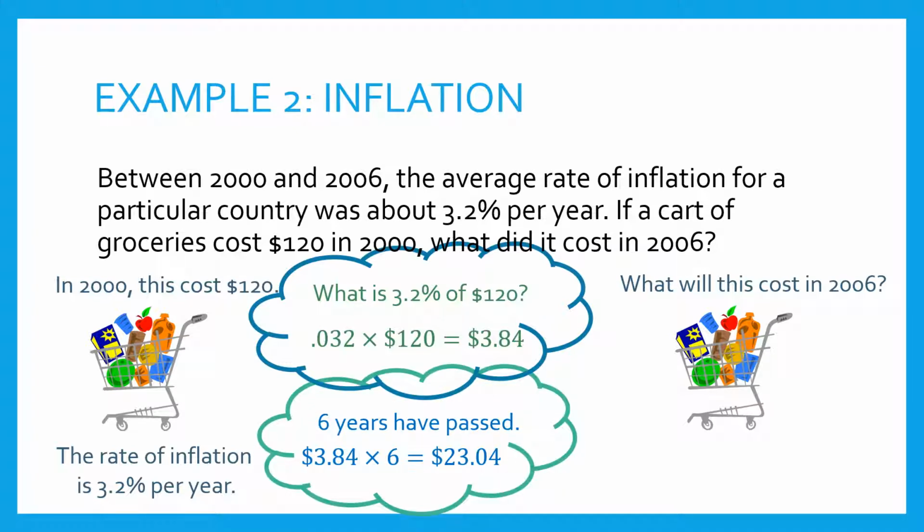So in 2006, our cart of groceries is going to cost the original price, $120, plus the amount that it inflated by, so that's $23.04, which is $143.04. So if a cart of groceries cost $120 in 2000, and the rate of inflation was 3.2% per year, then in 2006, that same exact cart of groceries would cost about $143.04.